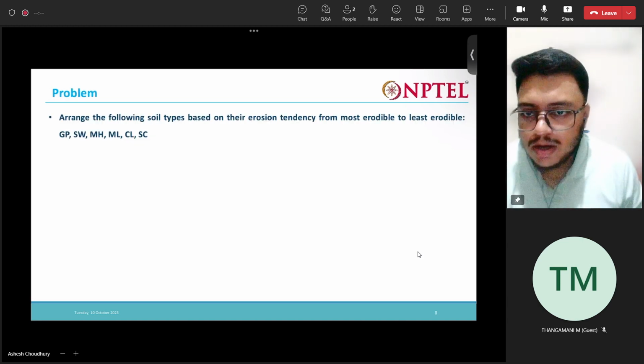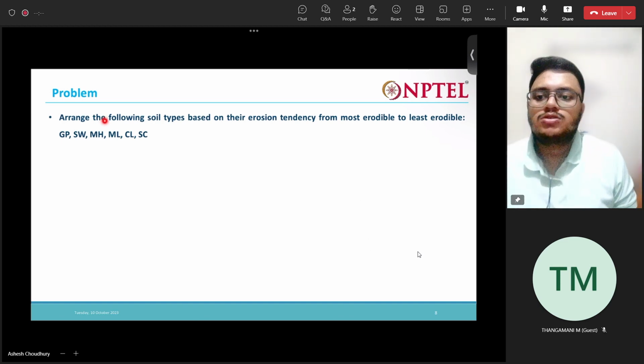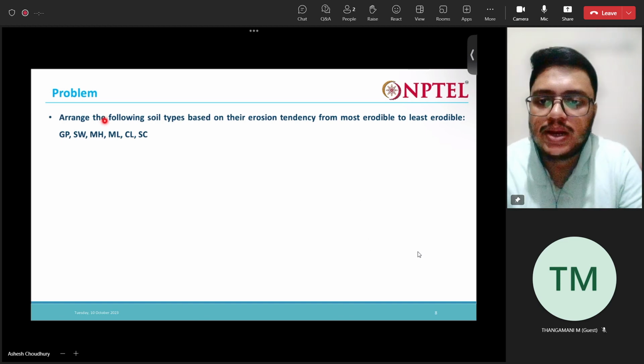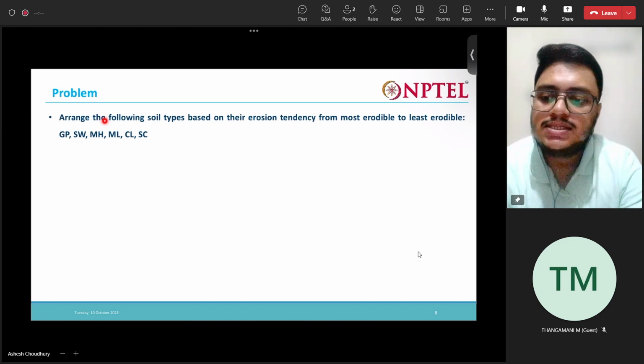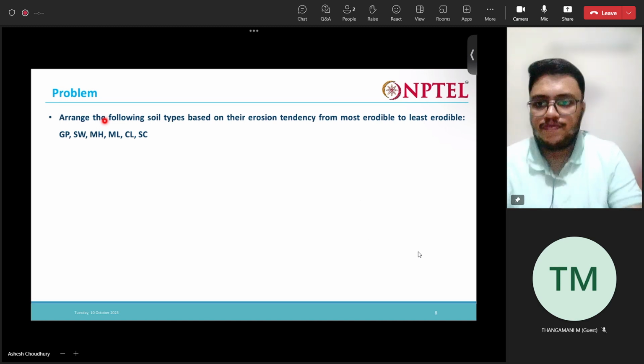Now we have a short question. Arrange the following soil types based on their erosion tendency from most erodible to least erodible.